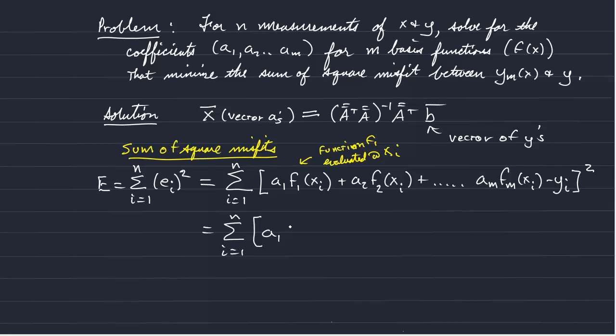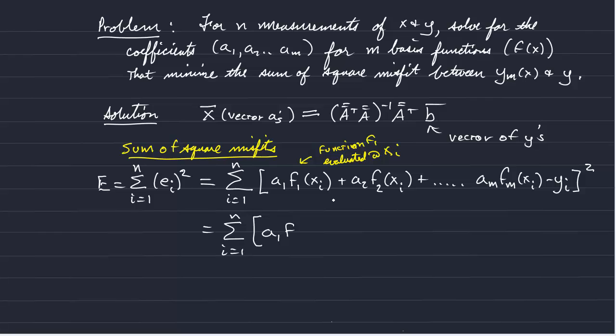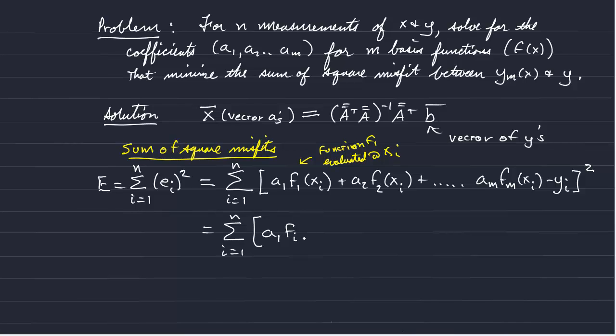I'm just going to abbreviate what I've written here: a1 times f1 evaluated at point i, a2 times f2 evaluated at point i, all the way to the mth basis function evaluated at point i.